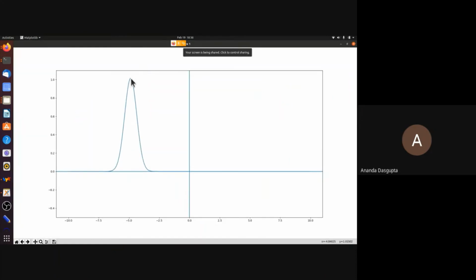And if I put my pointer right here, and if you wait for a long time, you can see what's happening, right? Something is happening. I'm not moving the pointer. So very slowly, the Gaussian is shifting to the right.